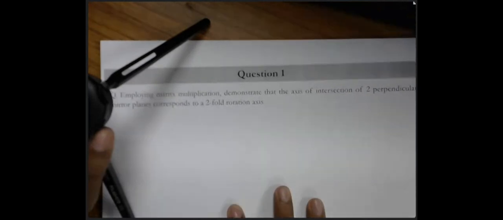So what is this question telling? Let's read it first properly. I think it is visible now. Employing matrix multiplication, demonstrate that the axis of intersection of two perpendicular mirrors corresponds to a two-fold rotation axis.